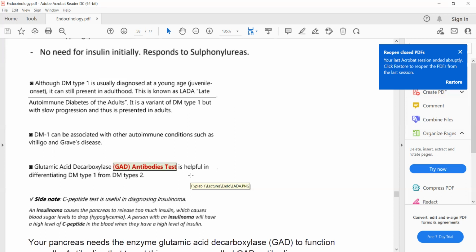Glutamic acid decarboxylase is a pancreatic enzyme, and pancreas needs this enzyme to function properly. So if the antibodies are present against this enzyme, then it means it is an autoimmune disease. So a young patient with diabetes and a positive GAD test will be LADA. A young patient with diabetes and a negative GAD test will be MODY, maturity onset diabetes of young.